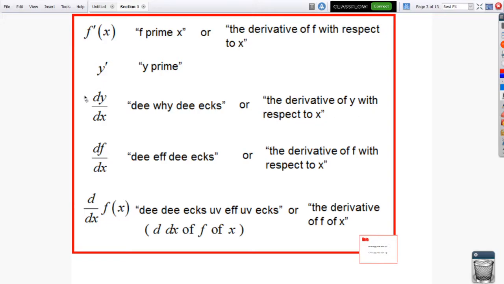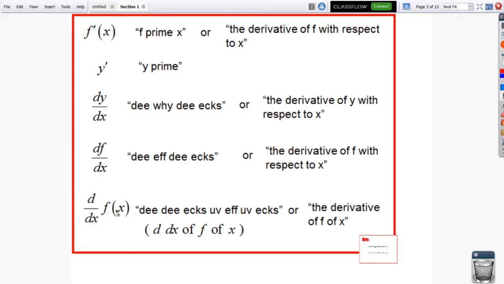We would read this as dy dx. Don't read it as dy over dx, it is dy dx. And you can have df dx if we have the function defined as f. Nobody really reads that except in very limited circumstances, like occasionally I will read it like that, but not often. And then over here we have d dx of f of x.